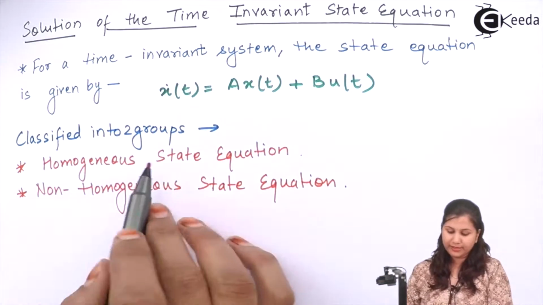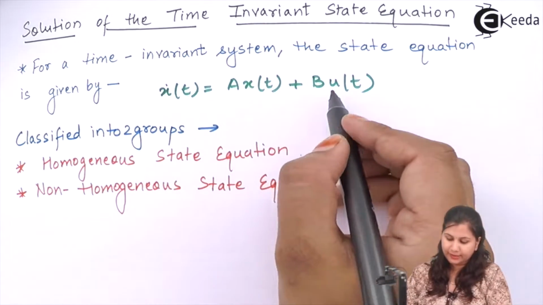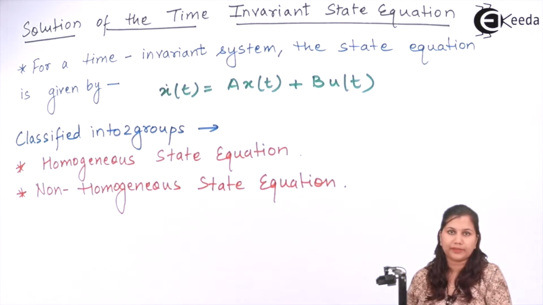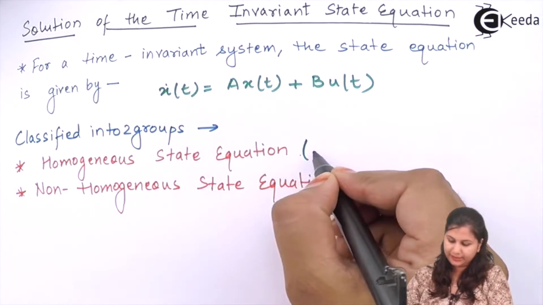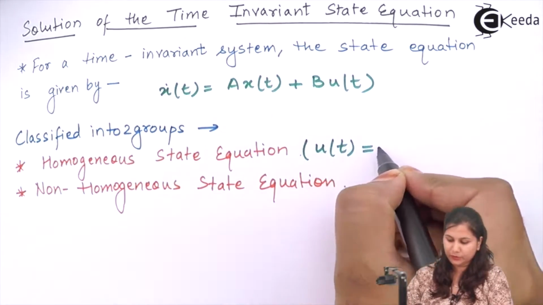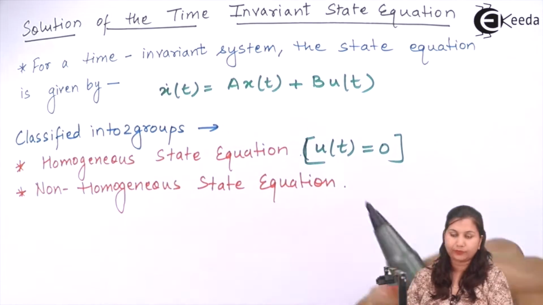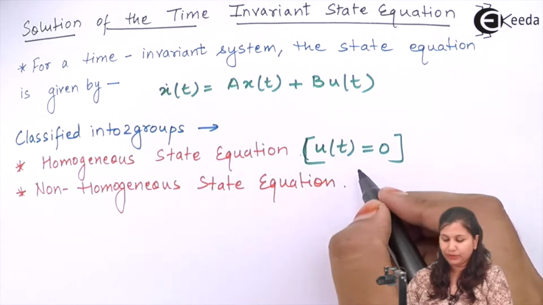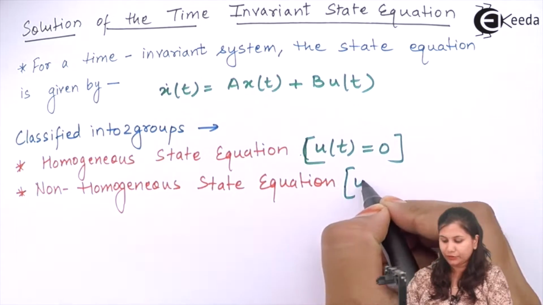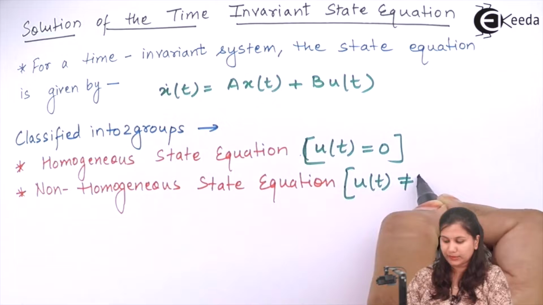Now in the homogeneous state equation, this input u t is not present. So u t is absent here, or we can say that u t is equal to 0. Whereas in the non-homogeneous state equation, u t is present, so u t is not equal to 0.